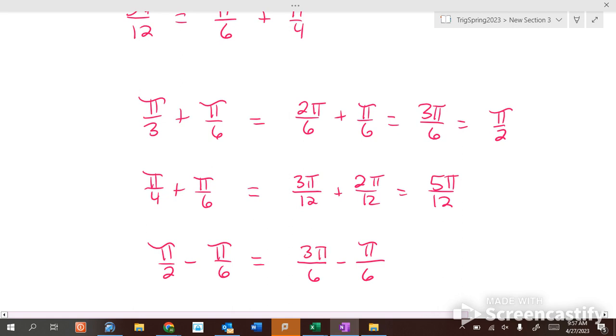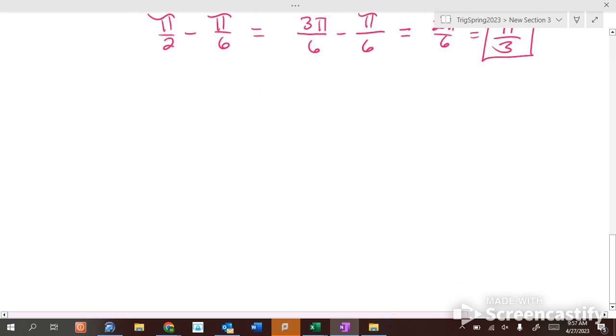So it's 3 pi over 6 minus 1 pi over 6, which is 2 pi over 6, which is pi over 3. Okay, we good with adding and subtracting? Okay.